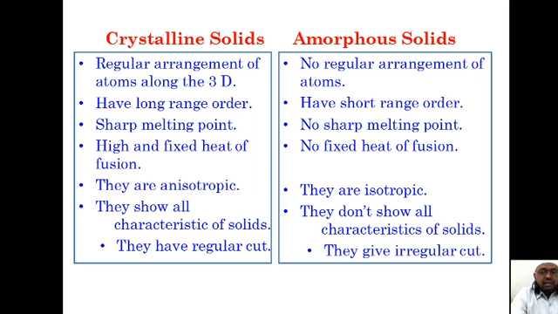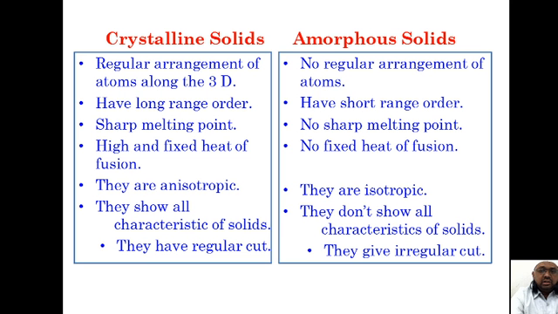Again, the solids have been classified depending upon the arrangement of the atoms and their orientation. They have been classified into crystalline solids and amorphous solids. So we'll have a glance at the differences between them. The regular arrangement of the atoms in three dimensions, we call such a regular arrangement crystalline solids.